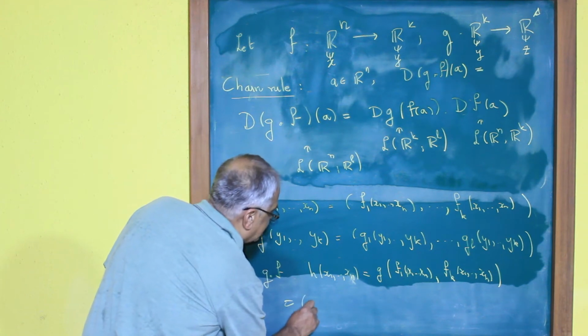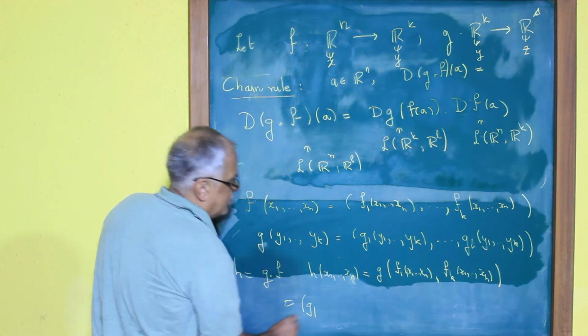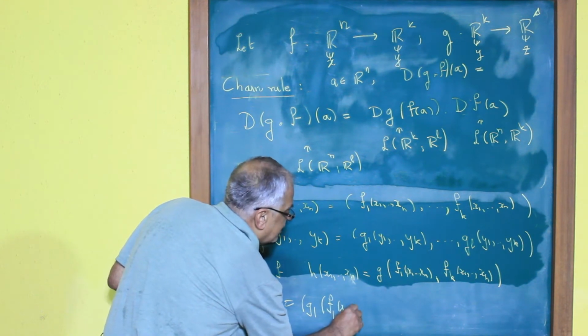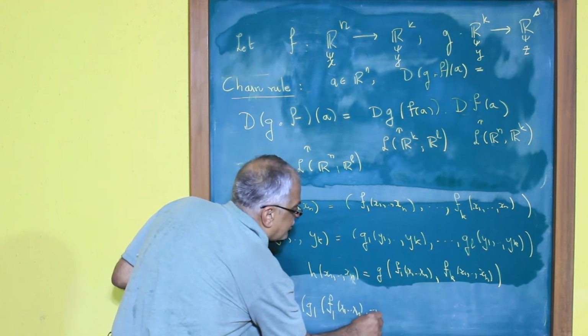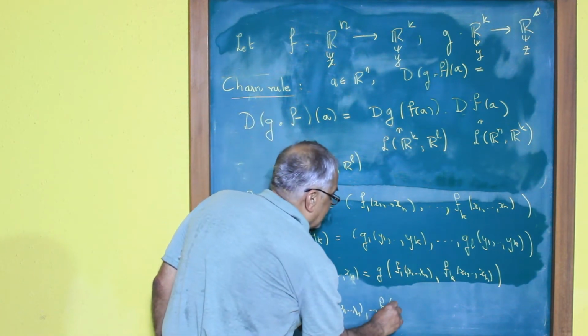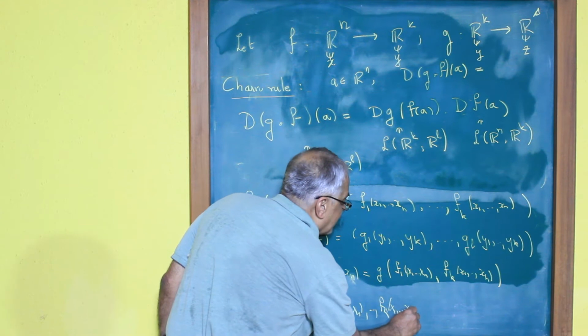So this is equal to G1 of F1 of x1 to xn, dot, Fk of x1 to xn.